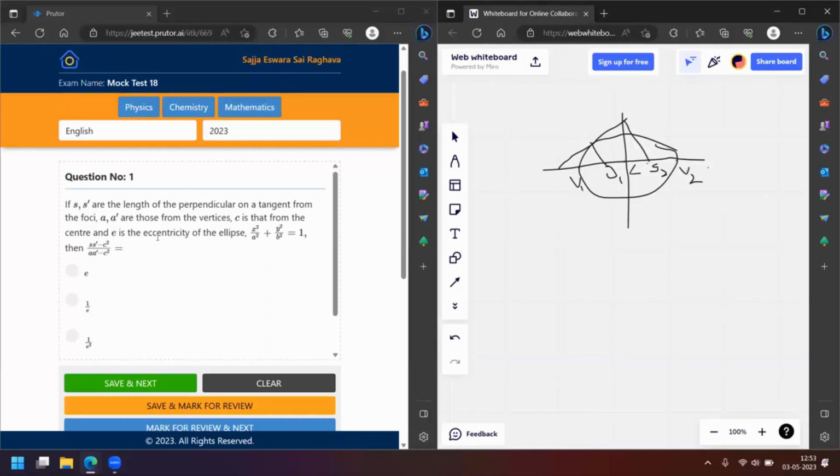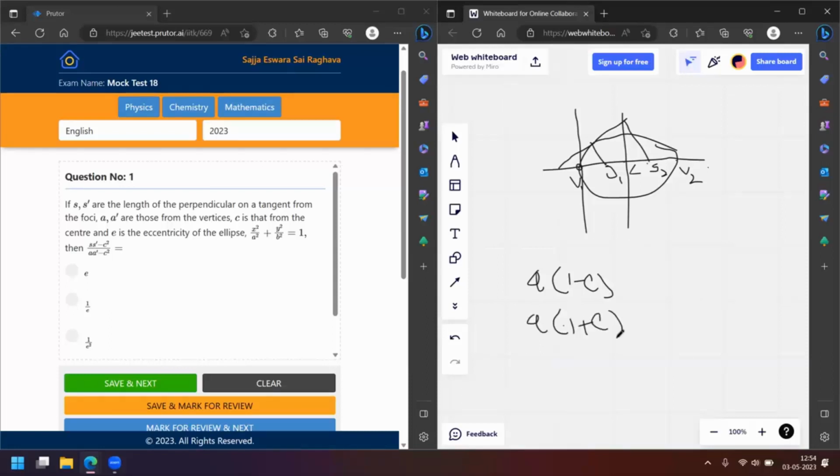So basically, we can solve this by taking an arbitrary point, or we can just take some well-known point and substitute into the equation to get it quicker. If you take your point on the vertex, the tangent will be parallel to the y-axis, and S and S dash, which are the distances from the foci, will be A into 1 minus e, if you assume A is the length of the semi-major axis, and we will get A dash as A into 1 plus e.